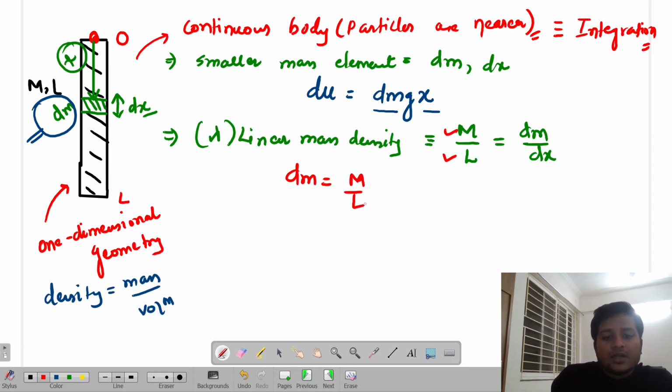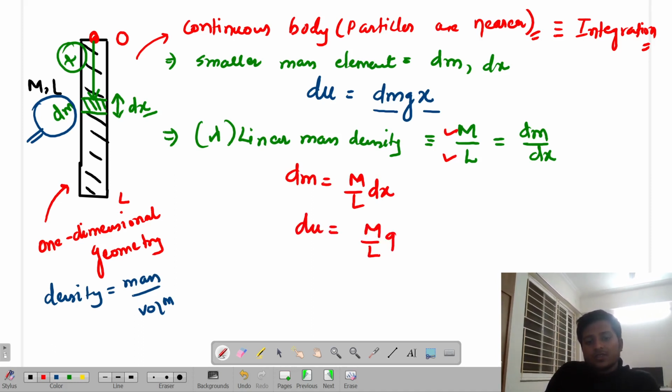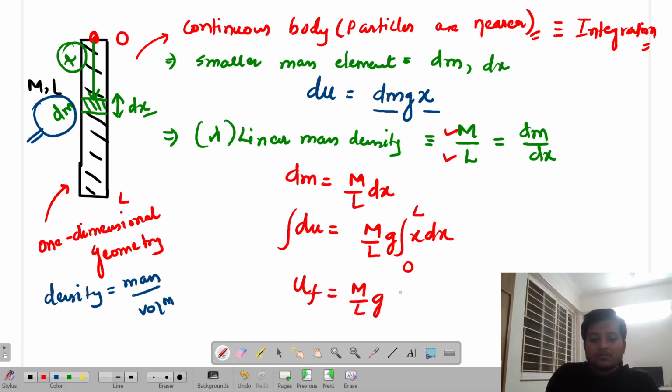dm is M by L into dx. Put that in the equation: dU is equal to M by L into g into x dx, integrated. X varies from 0 to length L. So the initial potential energy at 0 is 0. The final potential energy U final is M by L into g times the integration of x, which will be x square by 2.